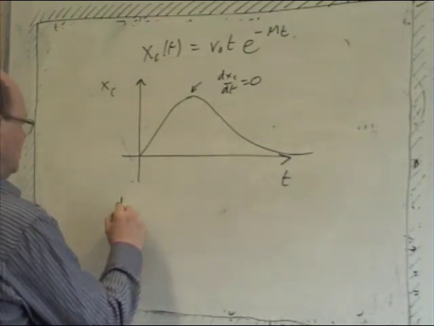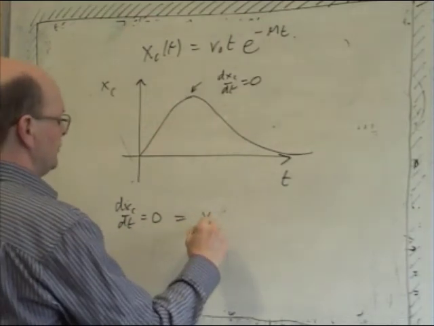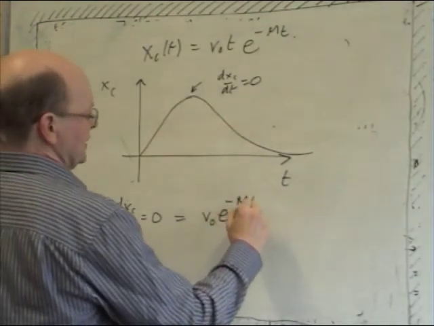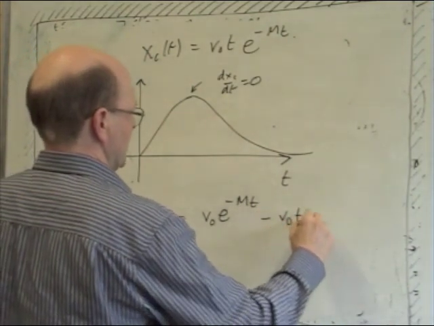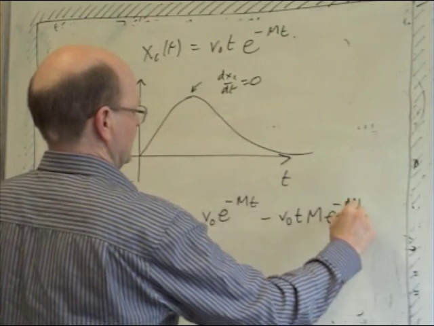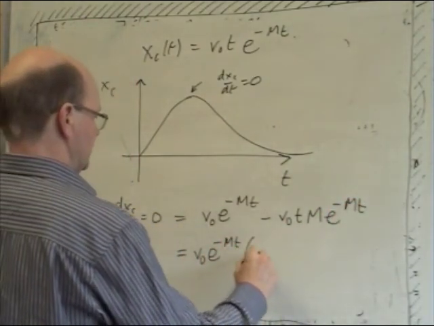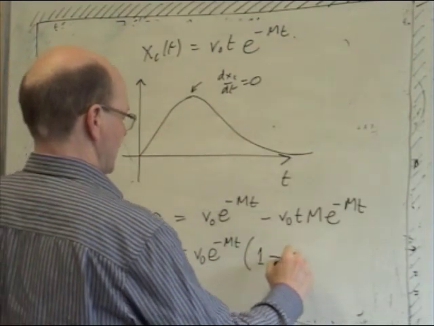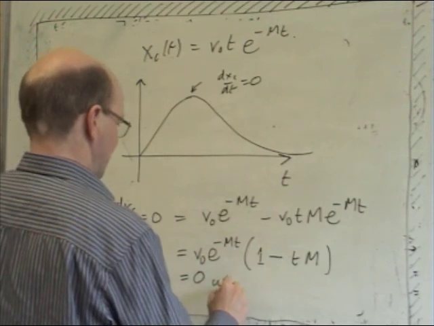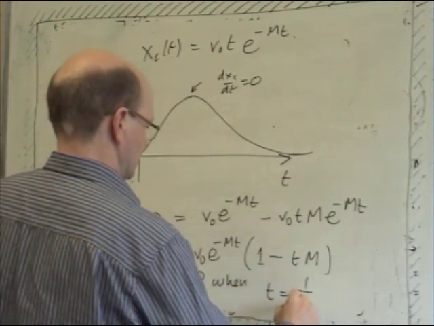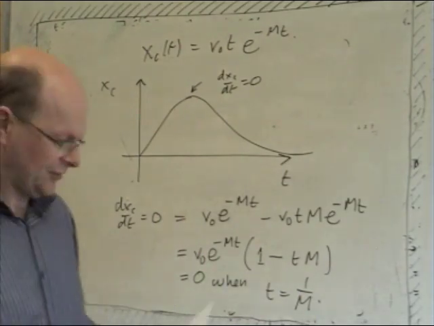At the maximum, dxc by dt is 0, which equals v0 e to the minus mt, again using the product rule, minus v0 t m e to the minus mt. You can factor out v0 e to the minus mt, and you're left with 1 minus tm. So that equals 0 when t equals 1 upon m, and that's the rest of the question. Okay, so that's question 4.